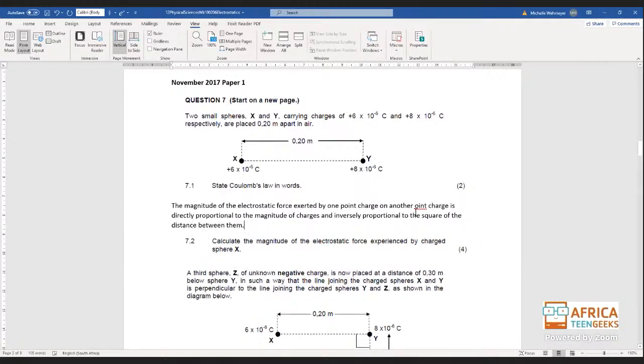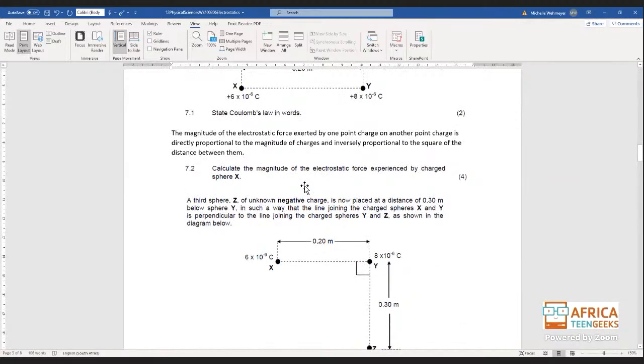So this is one of those laws that they literally ask in every paper that I have seen so far. Please go and memorize it. It is 2 points given, done and dusted. You don't have to stress about those 2 points.